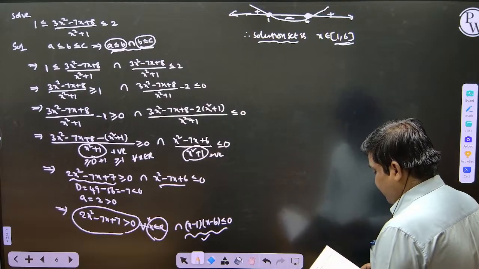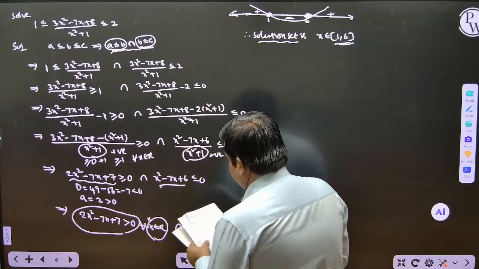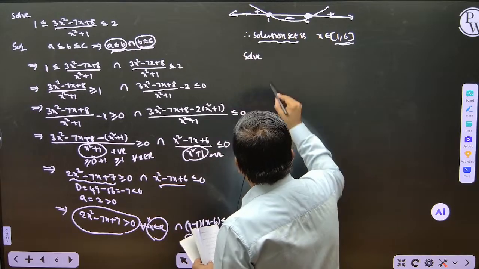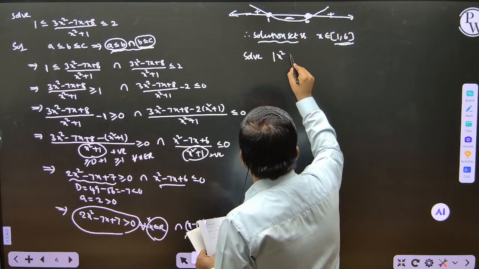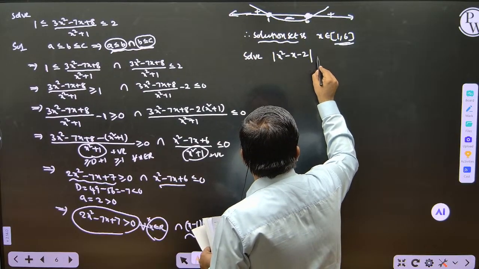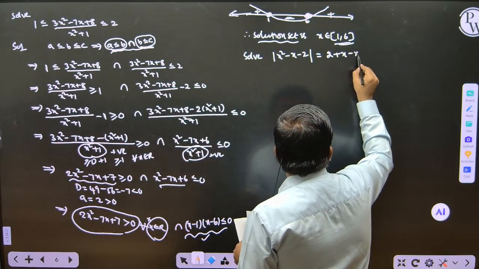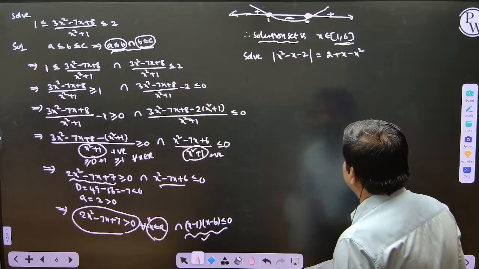Next question, see here. Solve: modulus of x² − x − 2 is equal to 2 + x − x². This is given to you.